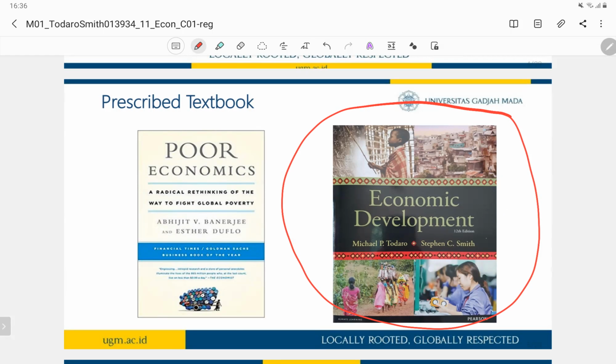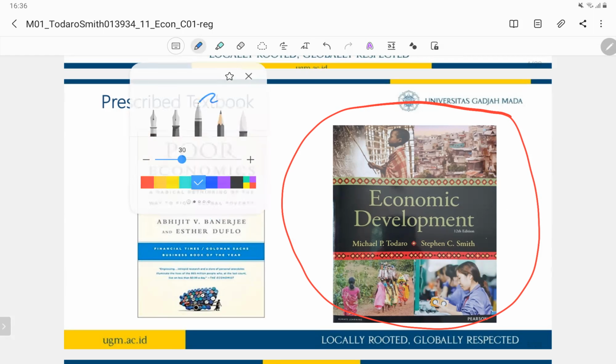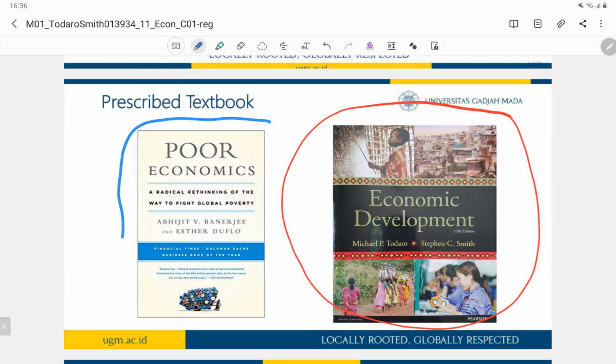And then other than the main textbook, we will also have a supporting textbook here. We will not discuss a lot about this book, but this is a very good book. In Todaro, we will learn a lot about theory and previous research, but in Abhijit Banerjee's book, Poor Economics, you will learn more about the real world.